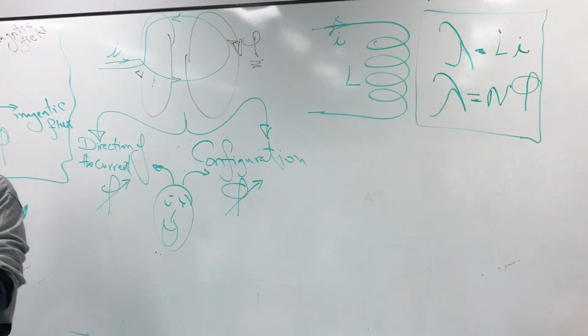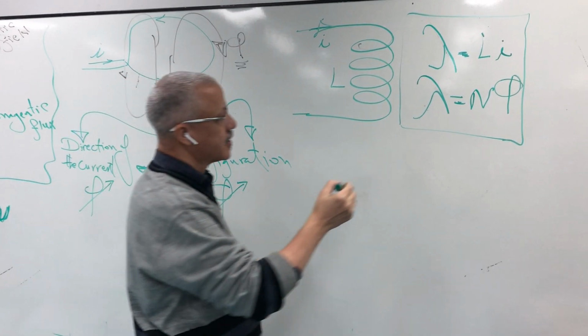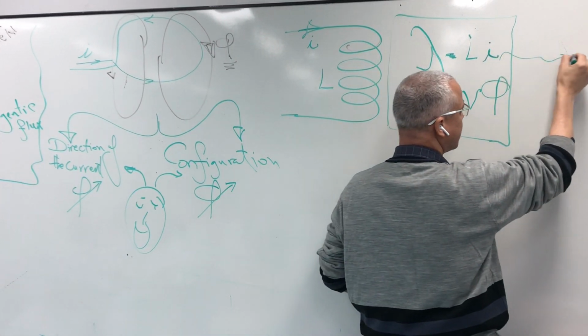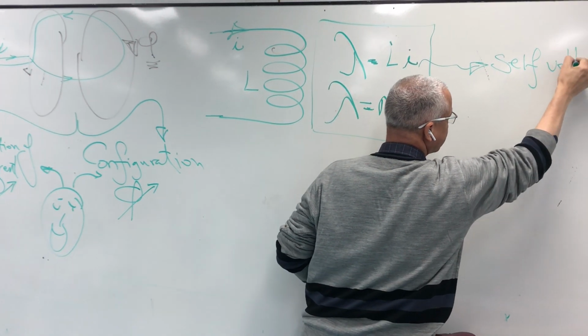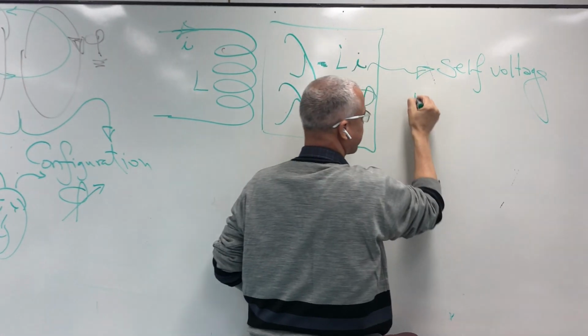Li is used for the self voltage on the coil. If you are going to calculate the voltage, you have to use Li. So this is for self voltage in the circuit.